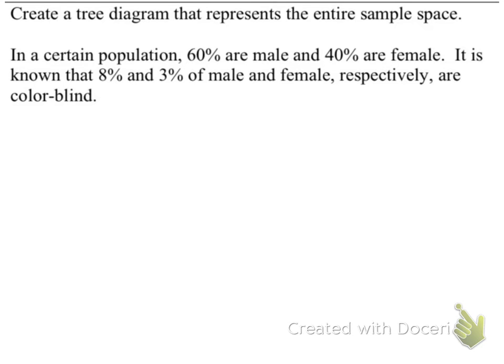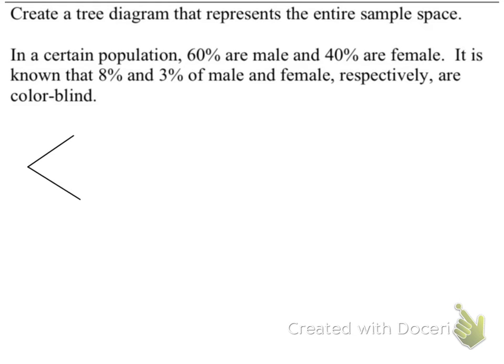Okay, so the first bit of information that I know is the male-female portion. So that's going to be the first thing. And then we talk about colorblind with respect to male-female. So I want the colorblind to come second. So the first thing that we're going to do here is build ourselves little branches.